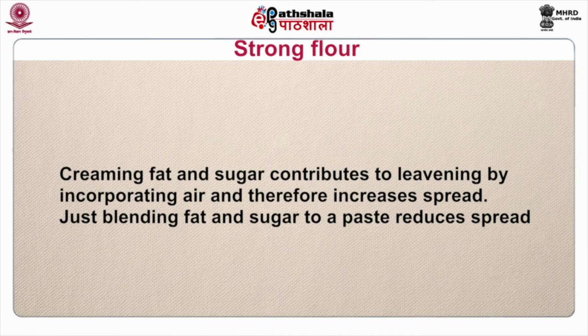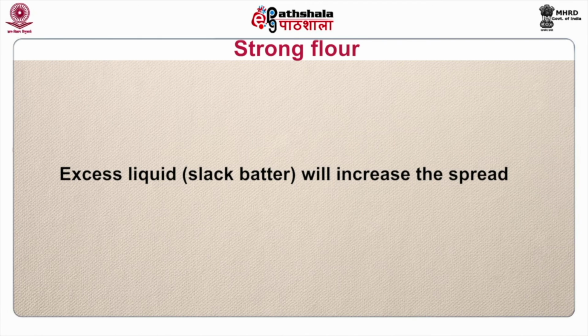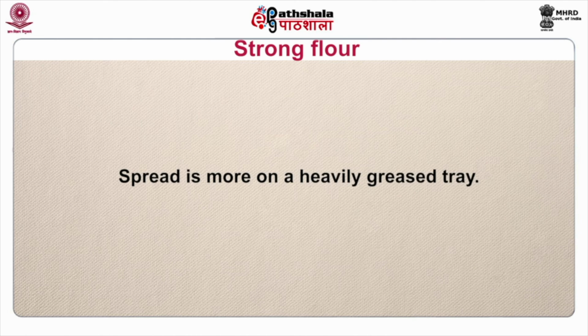Just blending fat and sugar to a paste reduces spread. Low temperature increases spread. Excess liquids like batter will increase the spread. Strong flour decreases spread. Spread is more on a heavily greased tray.